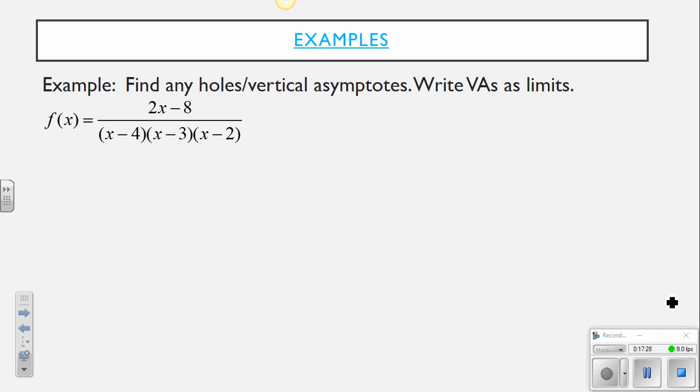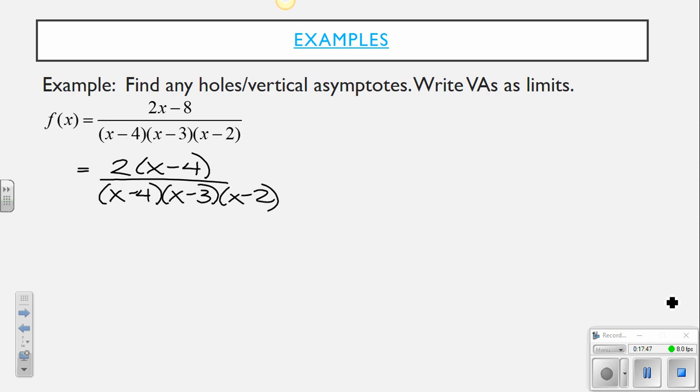All right. What's the first thing that I should probably do? Factor a 2 out on the top. On the numerator, I have 2 times x minus 4 over x minus 4 times x minus 3 times x minus 2, correct? If I divide out my x minus 4s, remember when you divide out factors, that implies that you're going to have a hole.